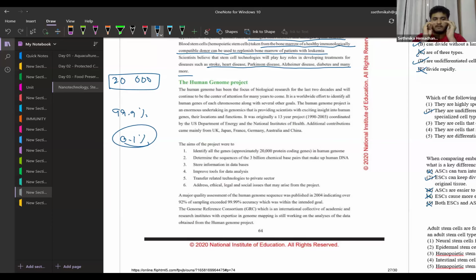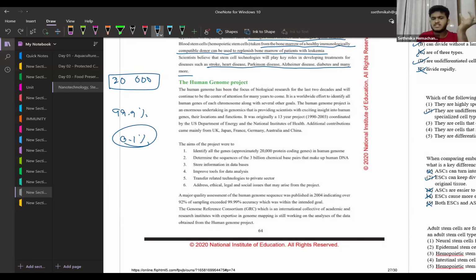Basically, our genes are even similar to those of chimpanzees, even mice, even elephants. Every organism is somewhat similar to each other at different percentages. We are similar to chimpanzees at about 98% or so. So again, this Human Genome Project was initiated so that all these 20,000 genes could be decoded.